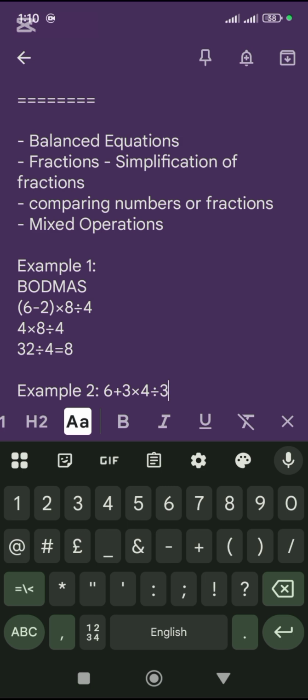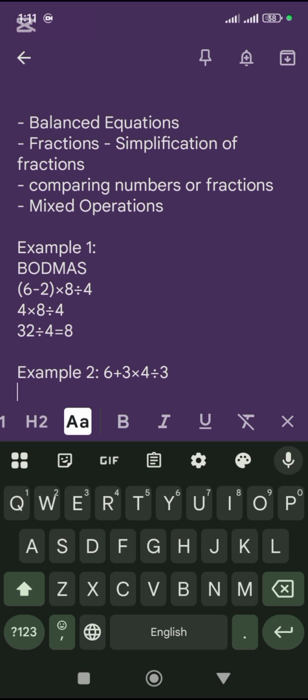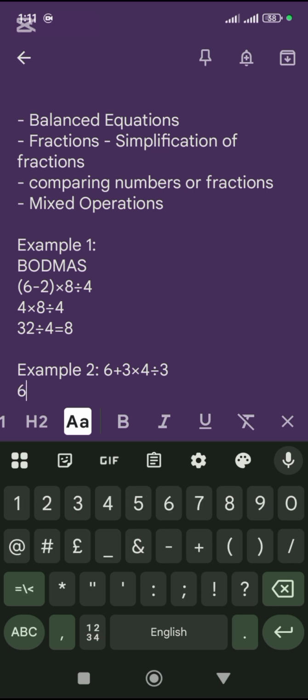If you look at these, we have a plus sign. However, the multiplication and division follow a sequence. And so I am going to follow that sequence and solve from left to right without minding that division should come first. And so this would be 6 plus 3 times 4 is 12.